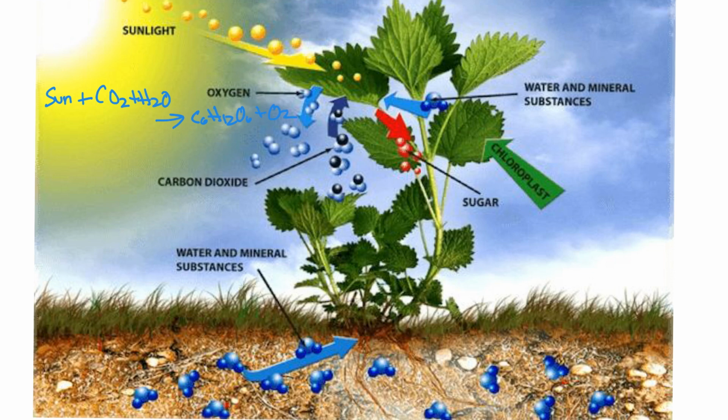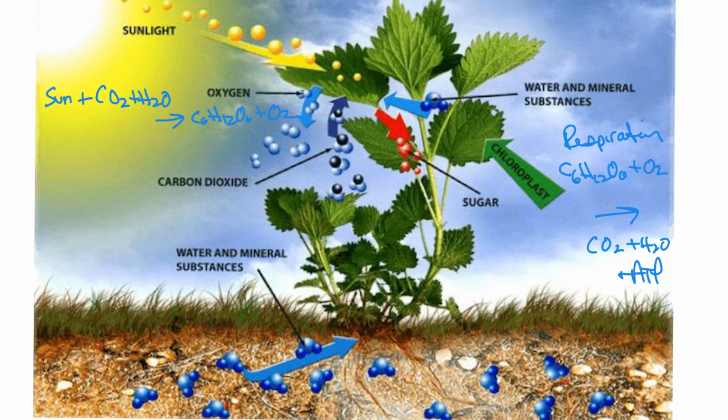And then in cellular respiration, we have the mirror image of that. So we have glucose, and we react that with oxygen, and we make carbon dioxide, water, and some ATP energy.